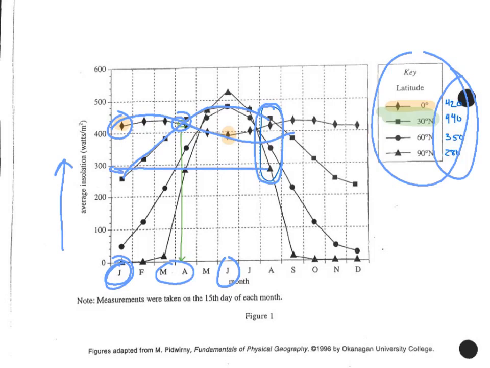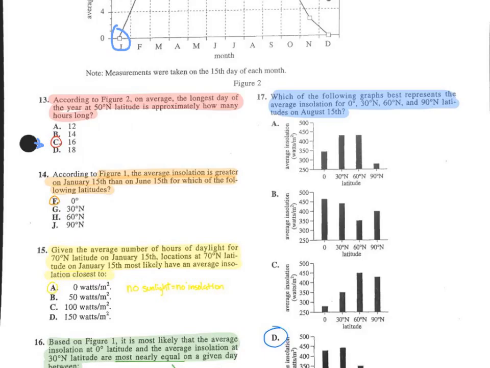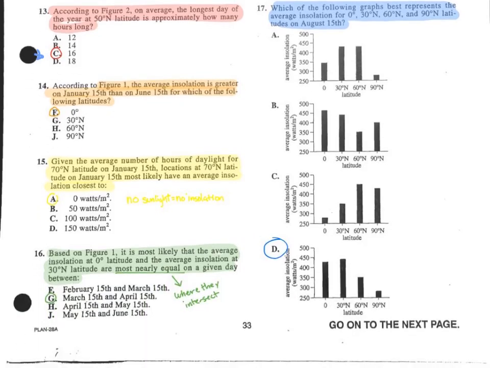The most was at 30 degrees north, and then as you went up to 60 and 90, it kept going down, and closer to the equator at 0, it was at 420. So basically looking for a graph where that is accurate. And those numbers that I wrote above are numbers that would match the y-axis here. So number 17 was D.